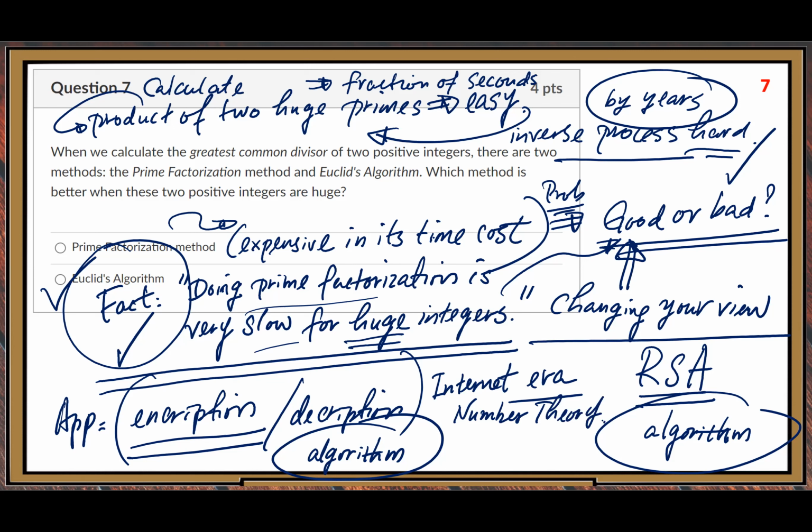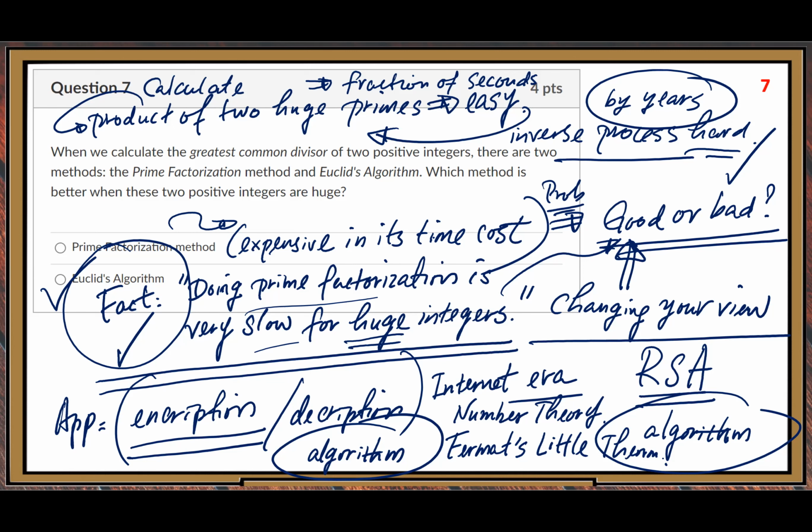In number theory, there is a theorem called Fermat's Little theorem. Not Fermat's last theorem, that is the most famous one. But this one is a little theorem, Fermat's Little theorem, also very famous in number theory.